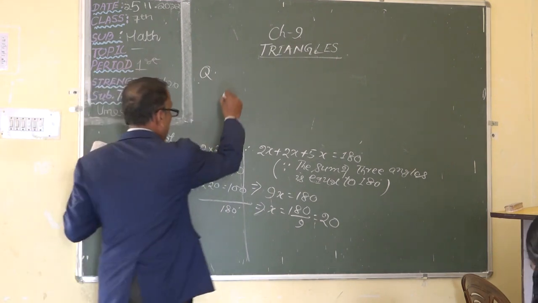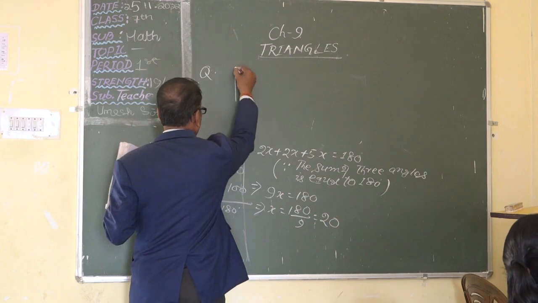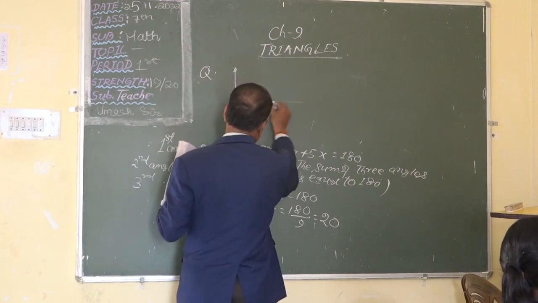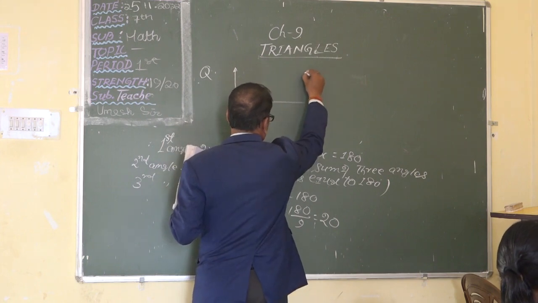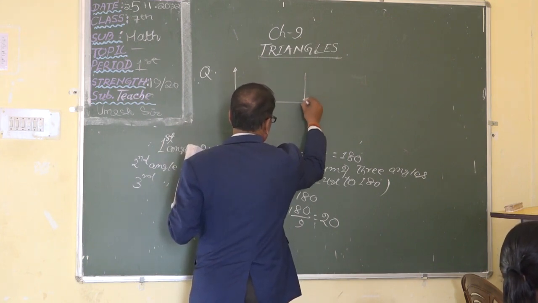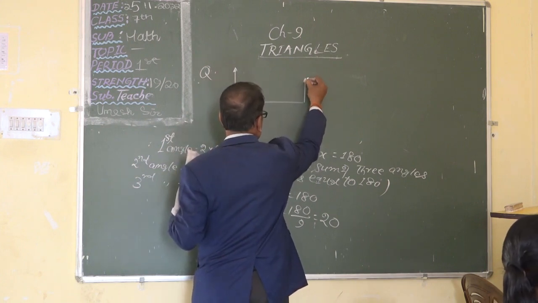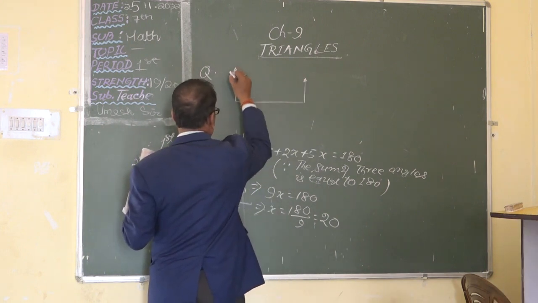Here one electric pole is there. It is a road. On two sides of the road, two electric poles are there, but one is a smaller one and another is a bigger one.